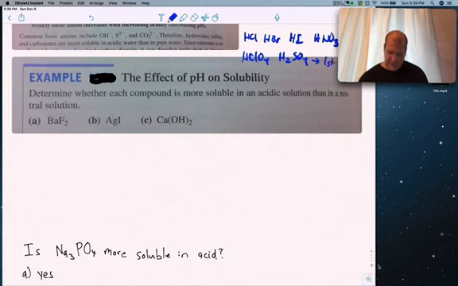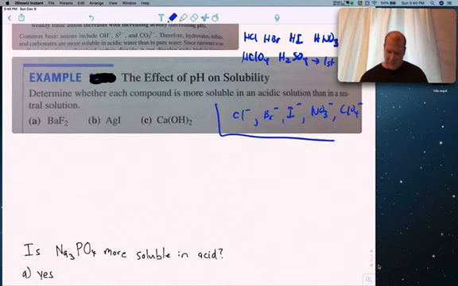And this means then that Cl minus, Br minus, I minus, NO3 minus, ClO4 minus do not react with hydrogen. Everything else will.